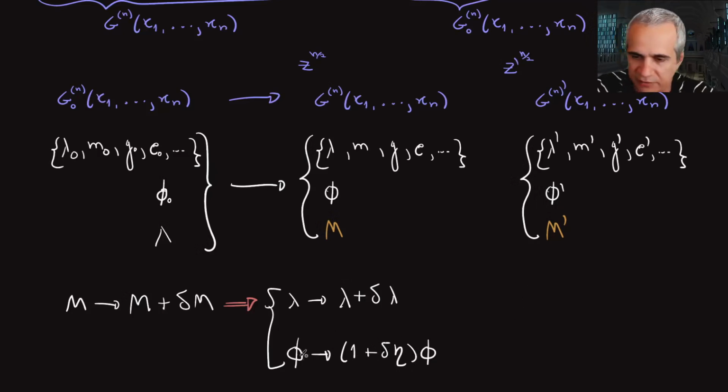Because this initial field, let me write that on the side here, I have some initial field, which is defined in terms of the bare field, like that. And the new one, this one on the right, will be defined like that.